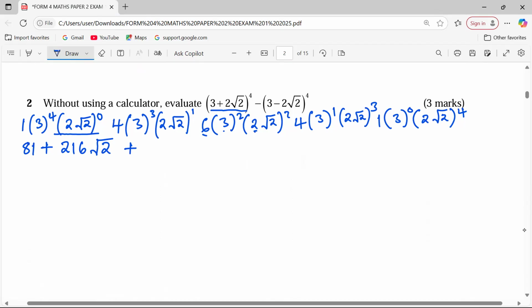Yeah, root of 2 squared shall become 2. That way, it's 6 multiplied by 9, multiplied by 4, then multiplied by 2, because root 2 squared is 2. This is 432.